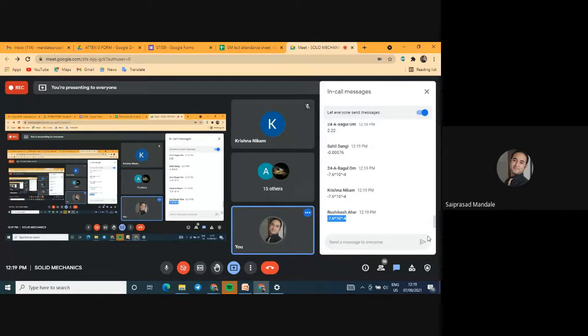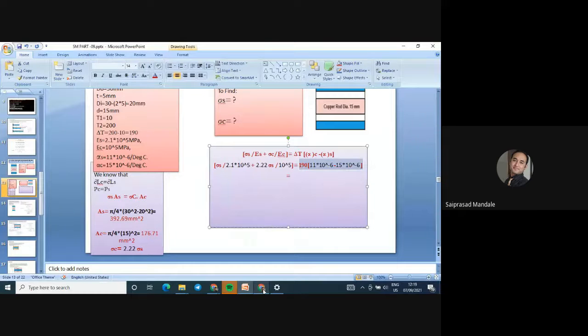So I'm going to copy this and paste it. Okay, it is actually alpha c minus alpha s. I have put the value wrongly, so it should be like this.